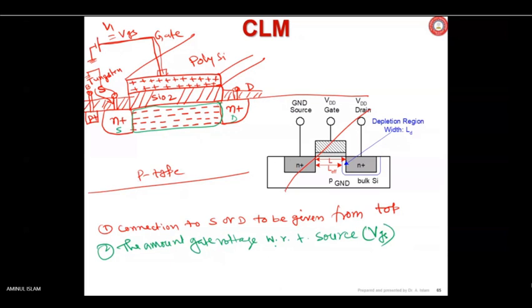The amount of gate voltage with respect to source which causes an appreciable amount of current, drain to source, so I'll write IDS, the drain to source current.